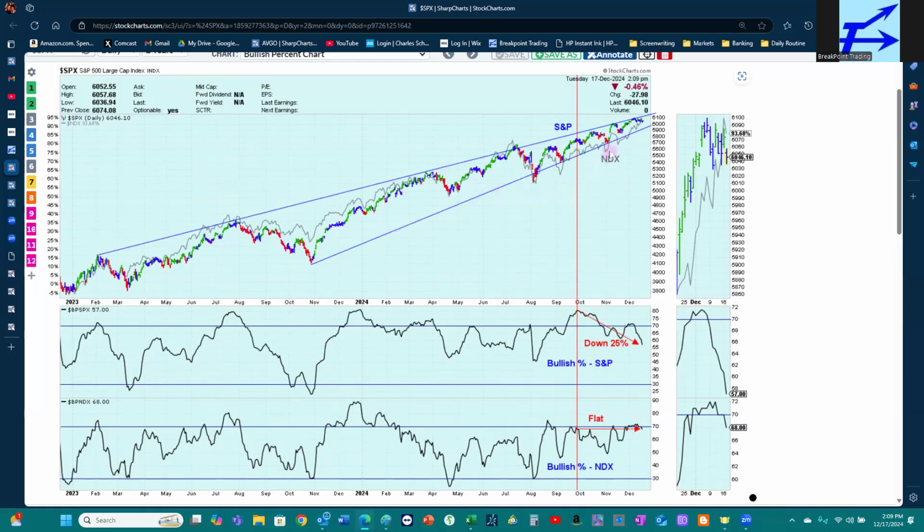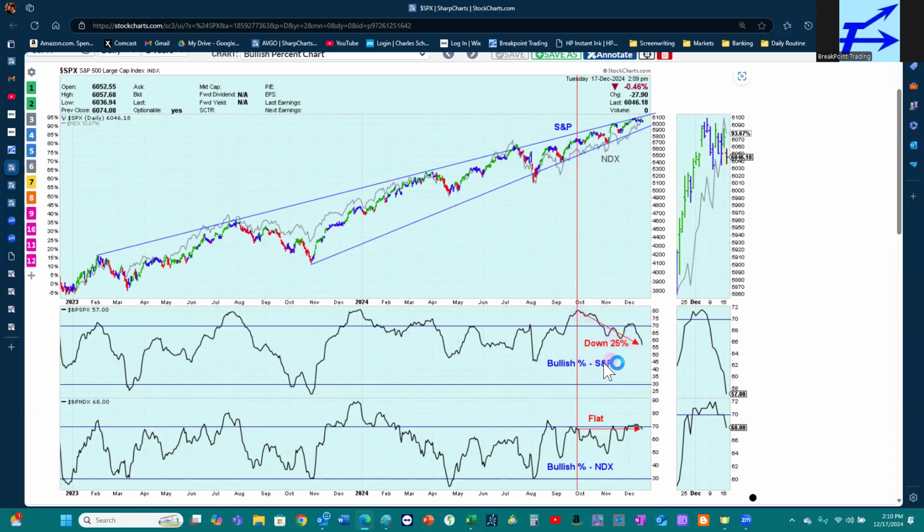The gray one is the NASDAQ 100, just moving higher as the S&P is moving sideways. You can just barely see that right there. But the important thing is the bullish percent index of the S&P, ever since this vertical line right here, just before October, end of September, which actually was the first Fed cut, right about there.